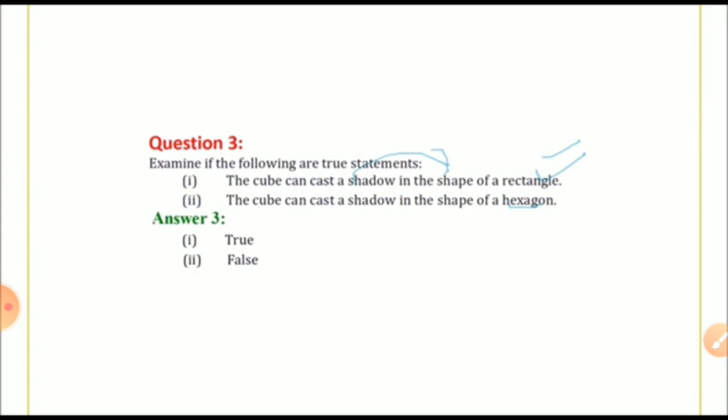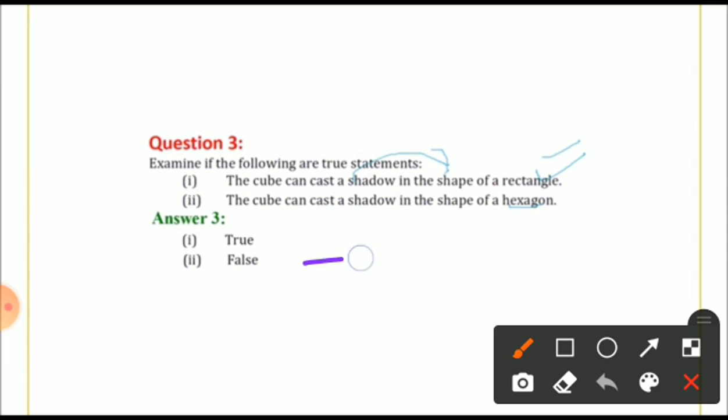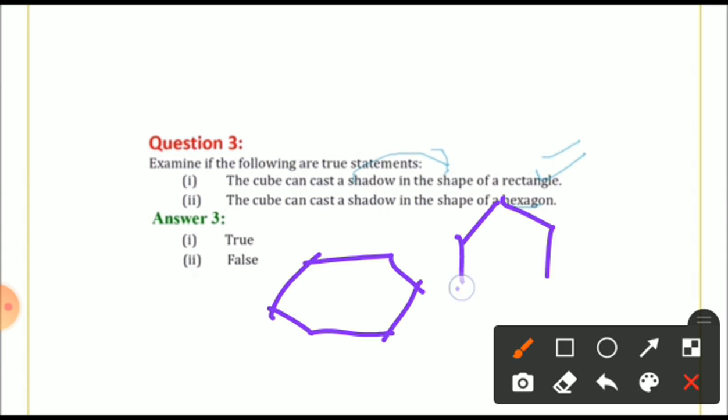But when you use it for a hexagon, what is a hexagon, students? A hexagon means a six-sided figure. Is that one given? No. A six-sided figure, either this way or that way. This is the hexagon, because a hexagon has 6 sides. Is a six-sided figure given by a dice?